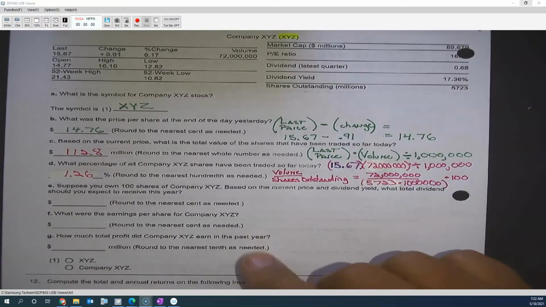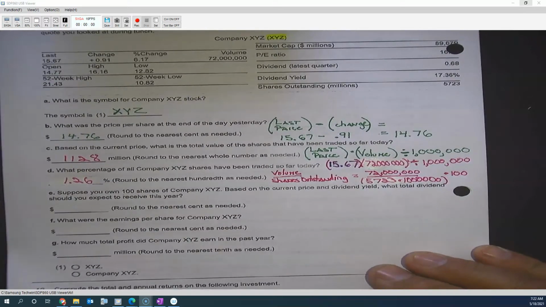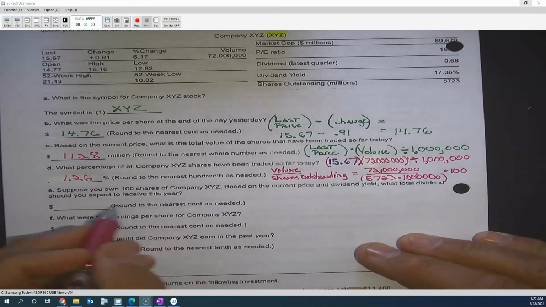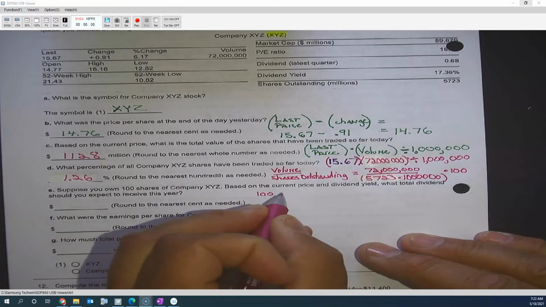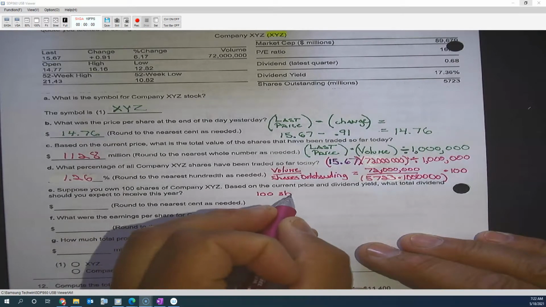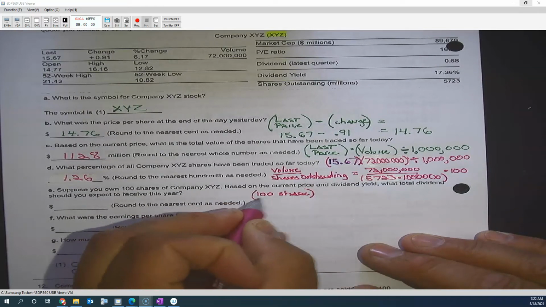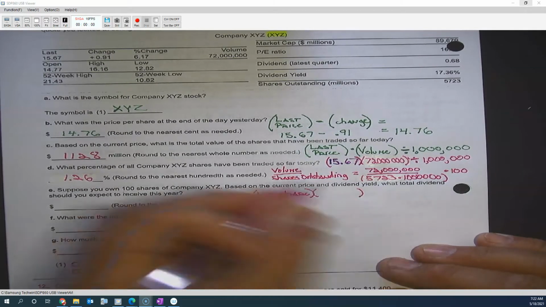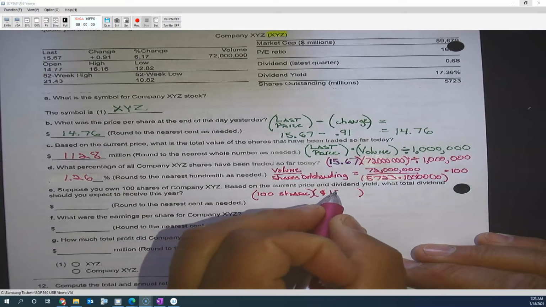All right, suppose you own 100 shares. Based on the current price and dividend yield, what's the total dividend you would expect? All right, so you own 100 shares. So you're going to take that. Okay, you're going to multiply that by the current price. So this is $15.97.